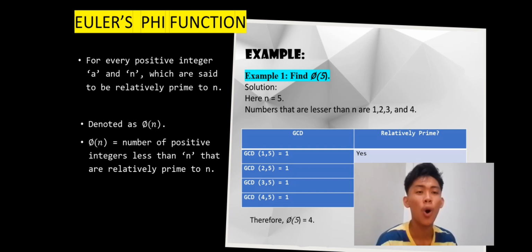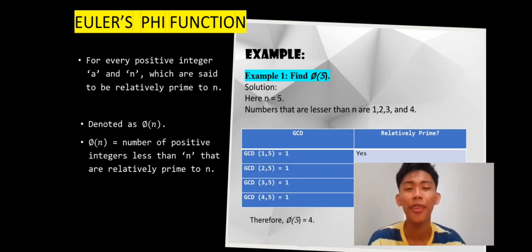The GCD of 1 and 5 is 1, of 2 and 5 is also 1, of 3 and 5 is also 1, and of 4 and 5 is also 1. Therefore, there are 4 numbers that are less than 5 and relatively prime to 5.